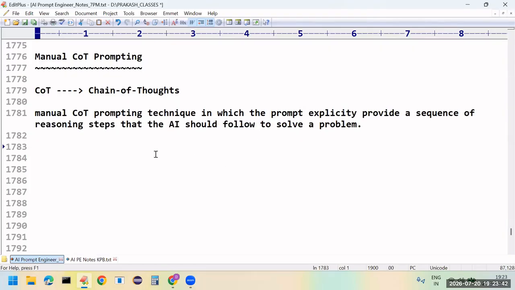You are not giving a chance to the AI model. If you are giving the AI model the chance to decide, then it is auto CoT. We are giving the reasoning steps here, and that is called manual CoT.